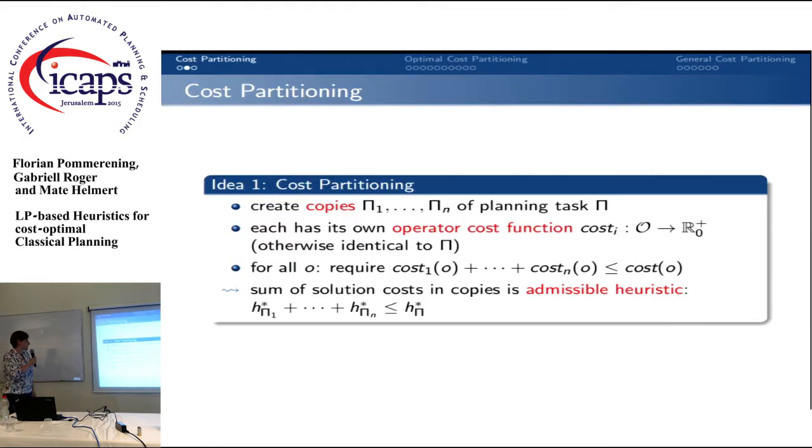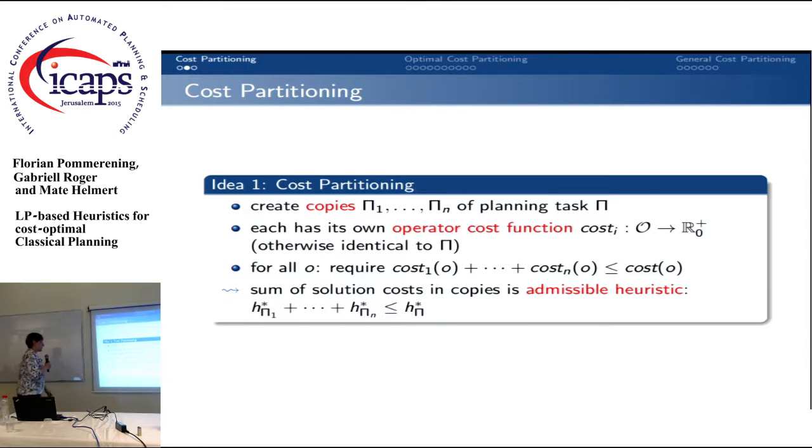Okay, let's first have a look again at the slide on cost partitioning we had previously. What we want to do is distribute the operator costs among a set of copies of a planning task, and then the sum of the optimal goal distances will be an admissible estimate for the original optimal goal distance.